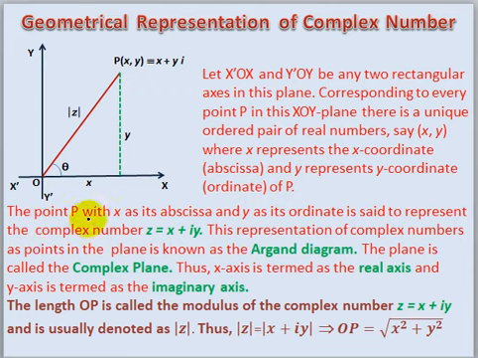Now this point P with x as abscissa and y as the ordinate is said to represent the complex number z, which is denoted as x + iy. This kind of representation of any complex number as points in a certain plane is termed as Argand diagram, and this plane can be termed as complex plane or an Argand plane.